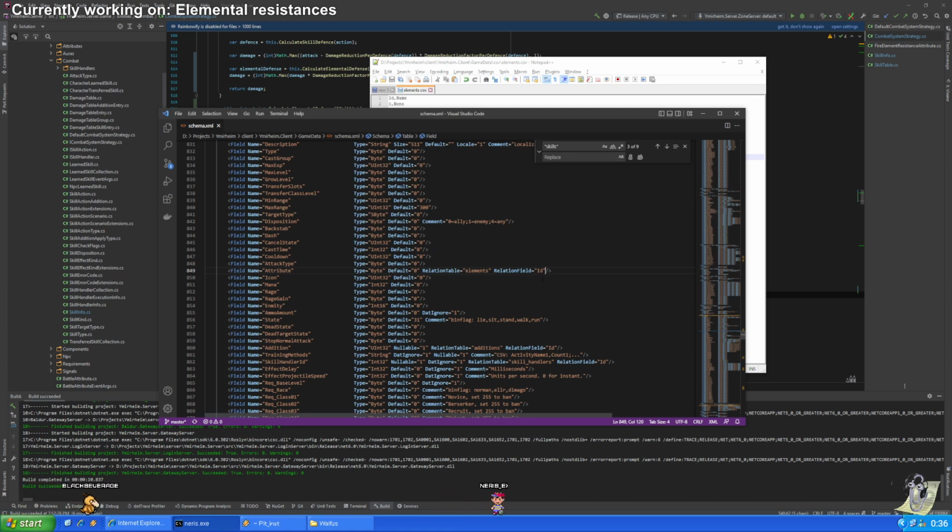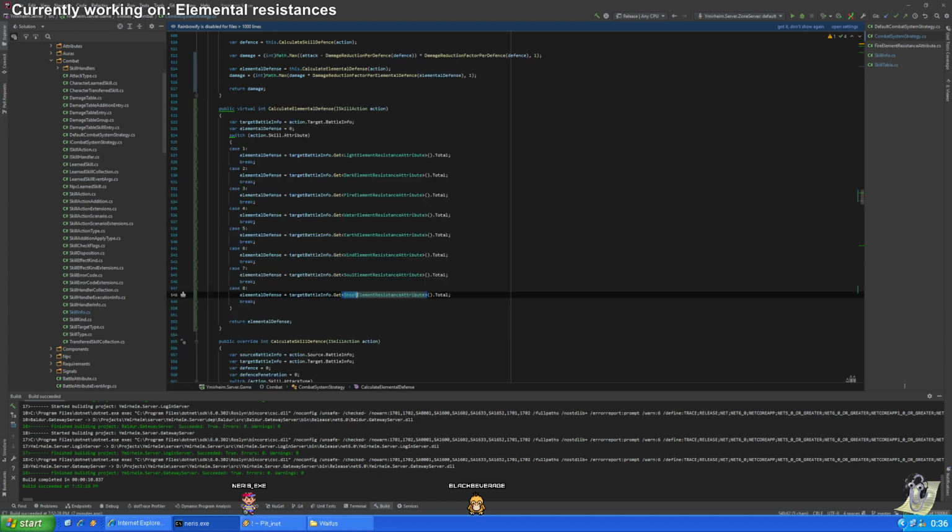But later on there will be much more to it, and the whole system is gonna be a little bit different, not what you're used to in Ragnarok 1. But for now it's gonna be basically very similar. So elements ID.